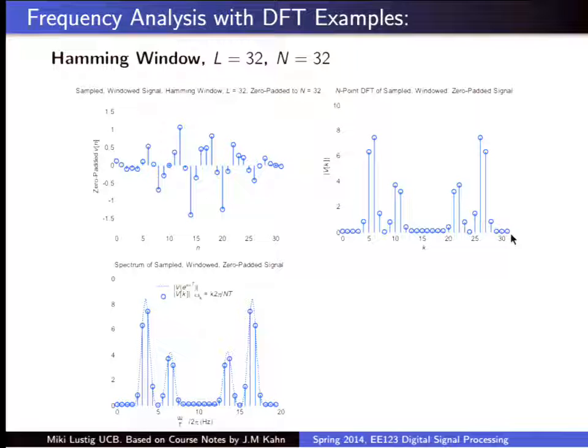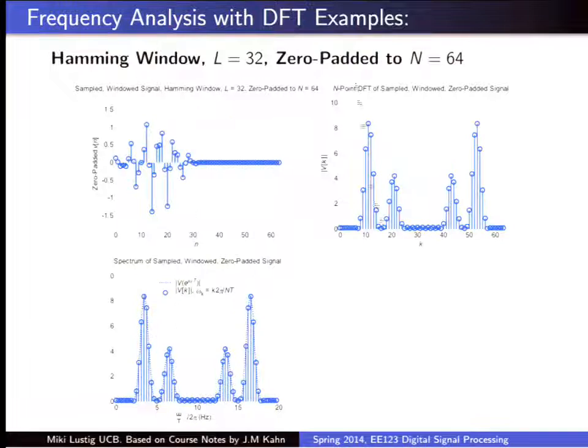Here I picked L equals 32 and N equals 32, and this is the N-point DFT, and you see a certain sampling, and this is the DTFT, and you see that it follows it. It really samples it.